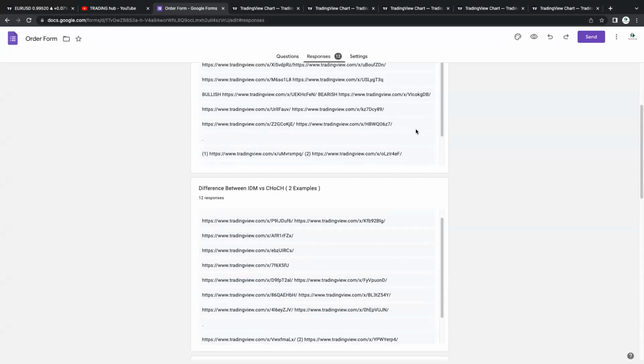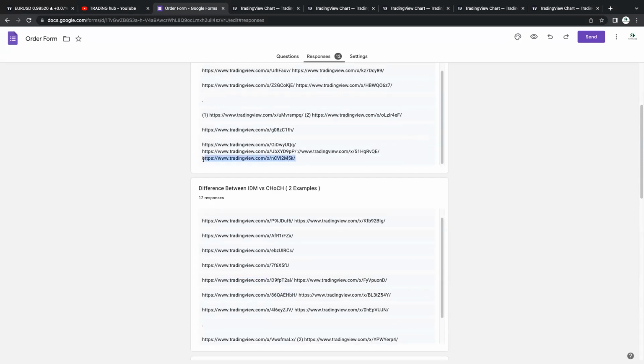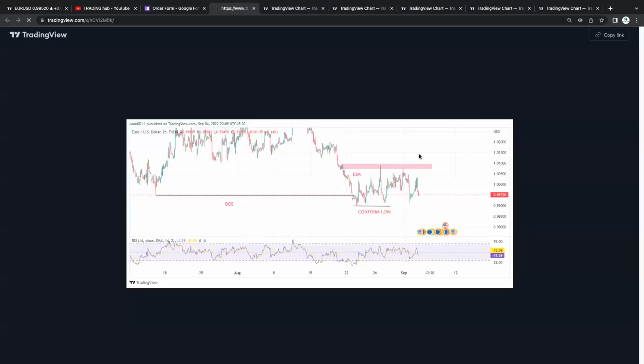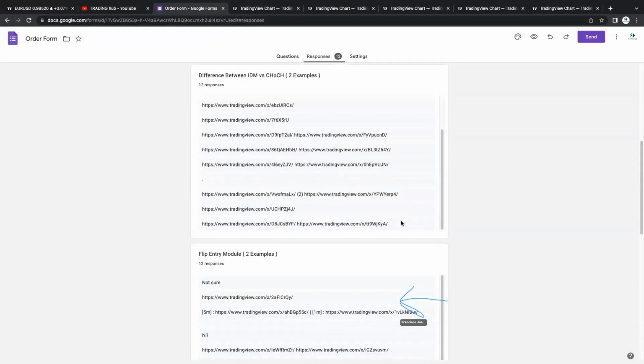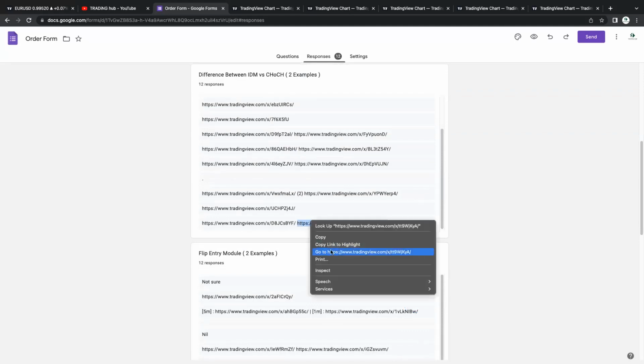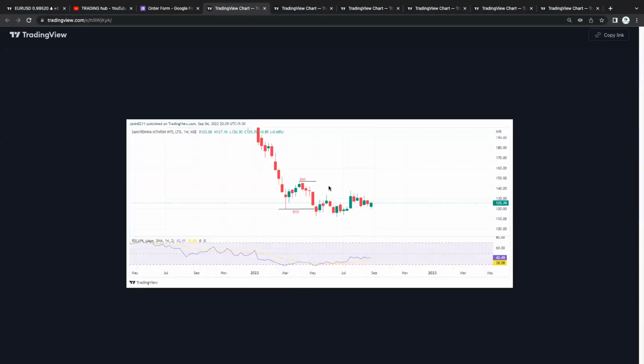The last one is here. I think we took this one. This is very messy. First thing, this is not a break of structure.